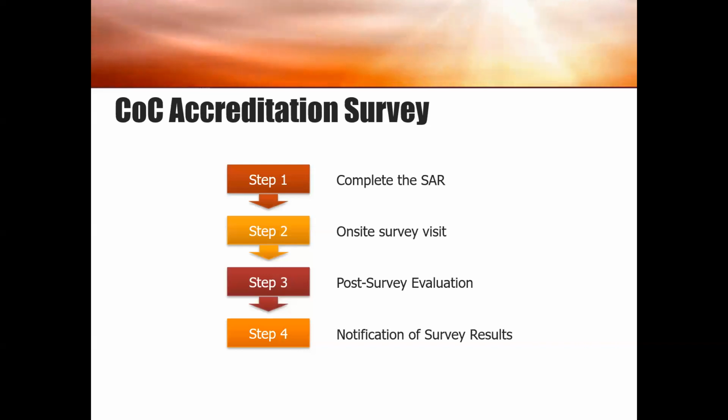This is more efficient and so much easier to complete the application as it happens and not have to document and upload 3 years of information in a couple of months just before the survey. It gets very, very stressful. Taking the time to do it throughout that 3-year period is much less stressful and more efficient.